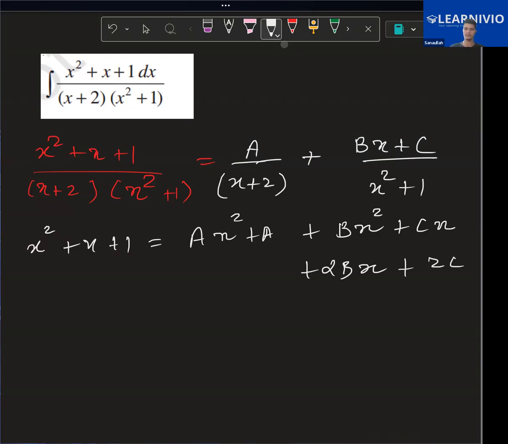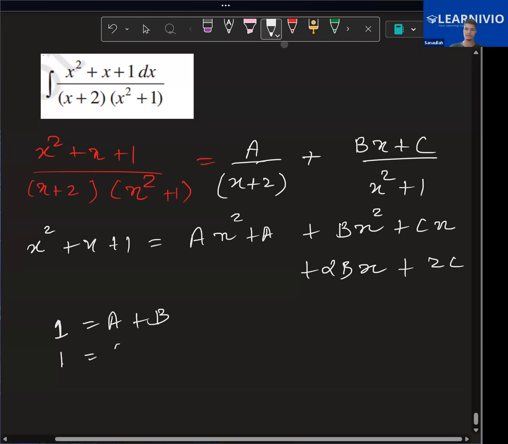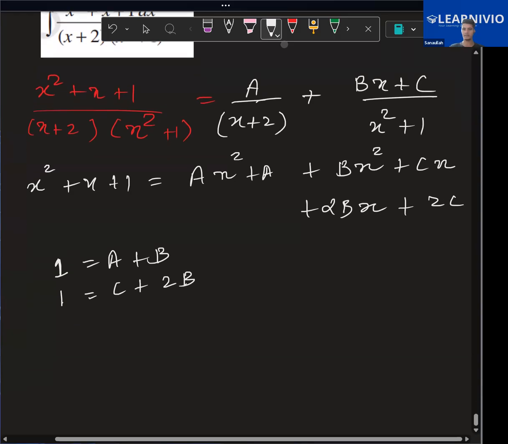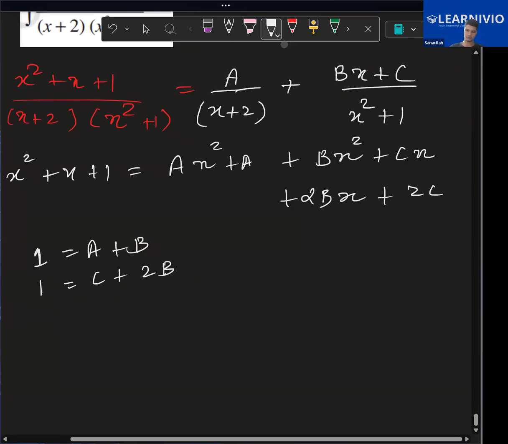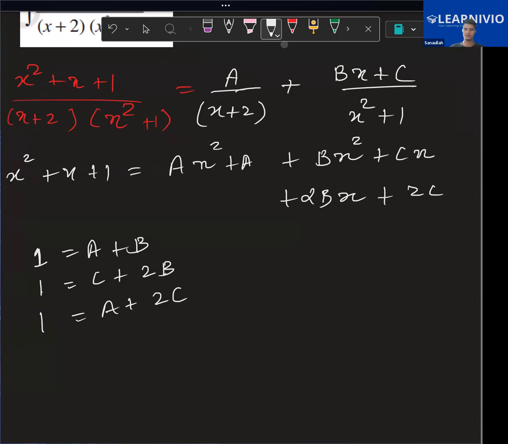The x square coefficient is 1, so 1 will be equal to a plus b. For the x, you have a 1, so the coefficient of x will be c plus 2b. 1 is equal to c plus 2b, and for the last constant part, 1 is equal to a plus 2c. Now you will have to find the values of a, b and c.